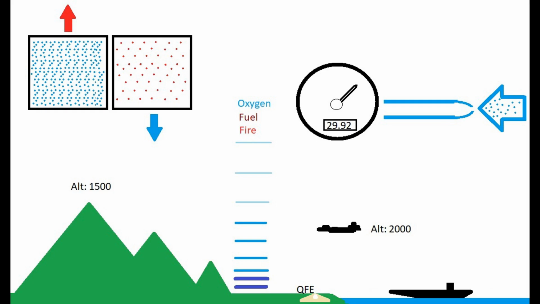So if you dial that in, that'll give you an accurate height for pretty much anything. So someone can give you the airfield QFE, they can say 29.92 for the airfield to set your altimeter to 0, or they can give you a QNH and just say the airfield is 200 feet above sea level kind of thing.